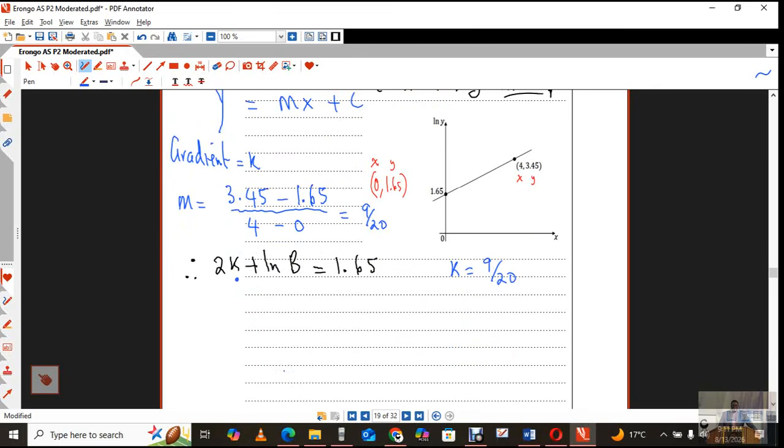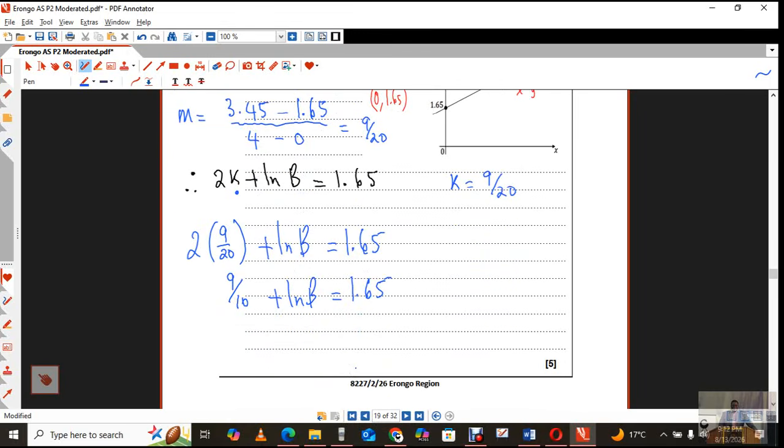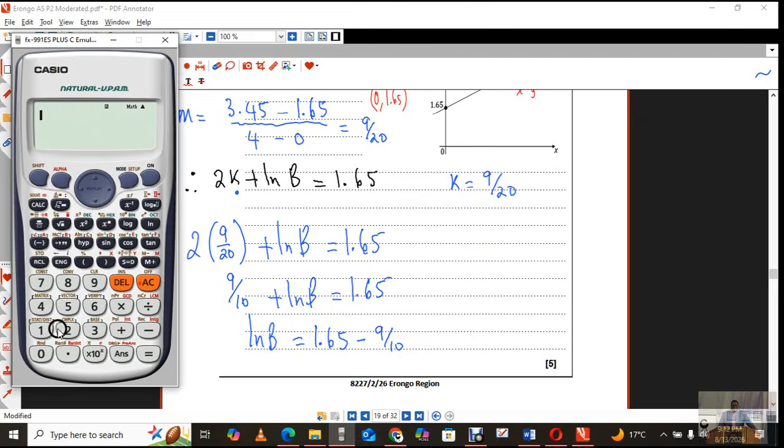We say 2 times 9 over 20 plus the natural log of b is equal to 1.65. 2 times that is 9 over 10, which is 0.9. To isolate the natural log of b, natural log of b is equal to 1.65 minus 9 over 10.